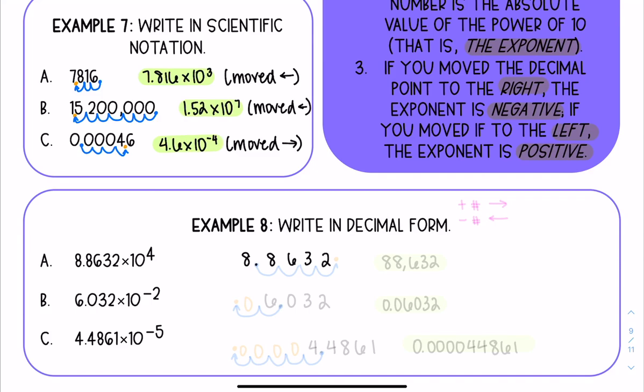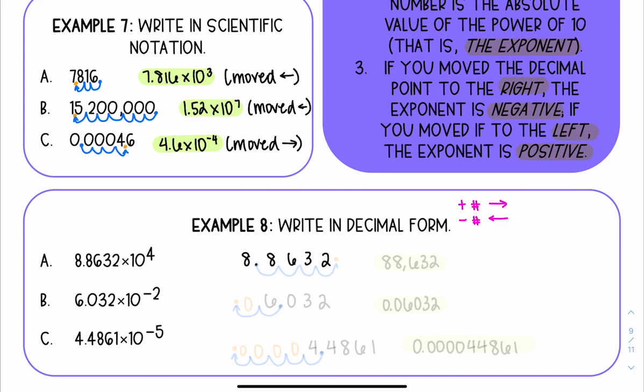And because it's a positive 4, we kind of want to think in the opposite direction. If I have a positive number, we're going to move it to the right. And if I have a negative number, we're going to move it to the left. It's kind of the opposite of the rules that we're given.